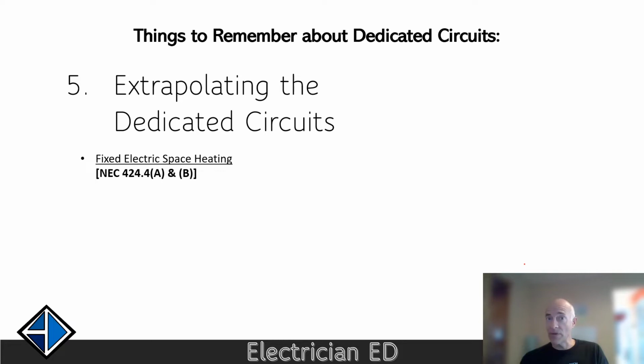And it can't be more than 30 amps. So what that means is if you have 2 floorboard heaters and together they are rated 24.1 amps or more, well, extrapolating from the rules, we would have to have dedicated branch circuits for each of them.